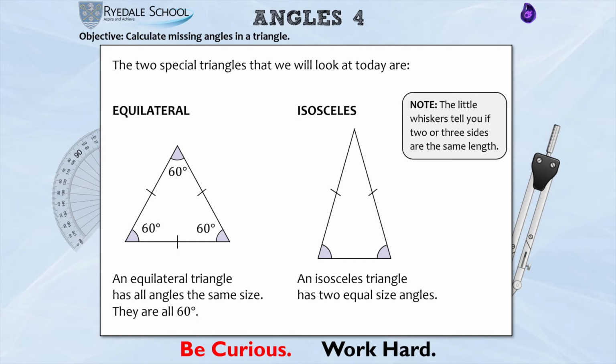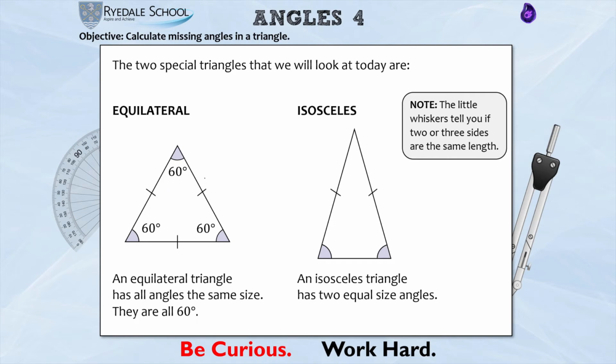So the 2 special types of triangle we are looking at today are the equilateral triangle. And an equilateral triangle, as we've already said, has all the angles the same size. And because the angles in a triangle have to add up to 180, it makes them all 60 degrees.